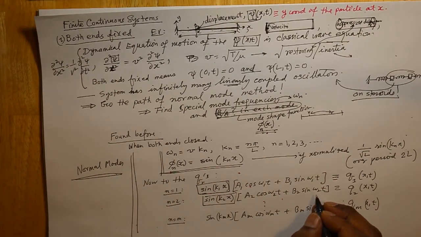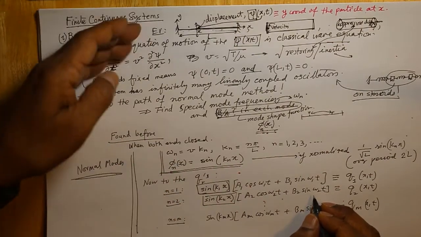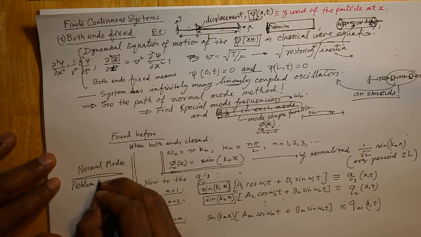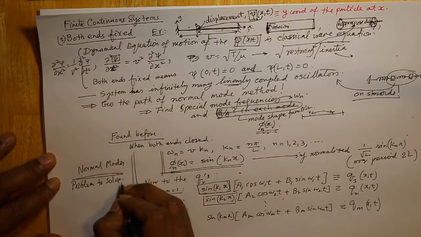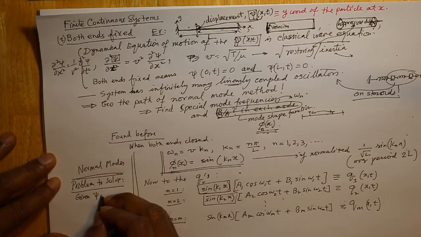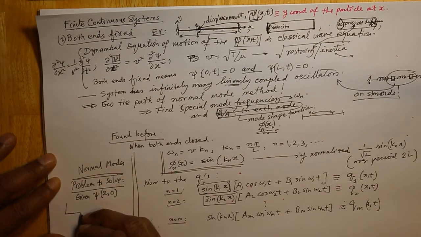What I want to solve is, I have the normal modes, how do I get my psi? So the problem to solve is, given psi(x, 0), that is, I start out as some shape, so maybe I pull it over here, kept everything like this.